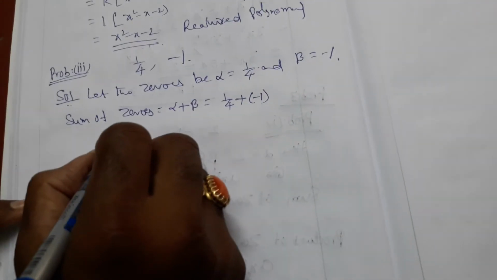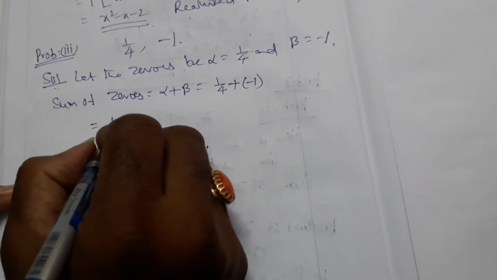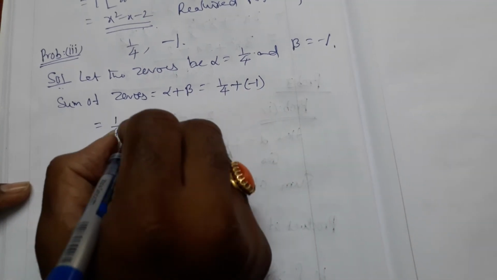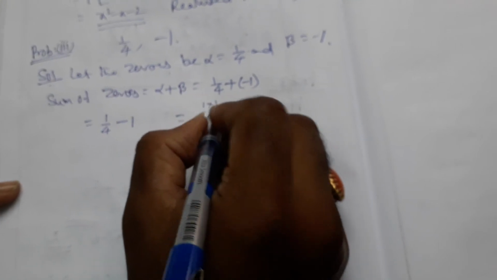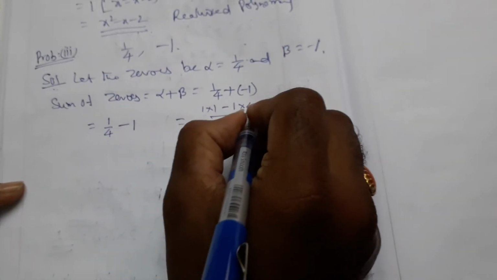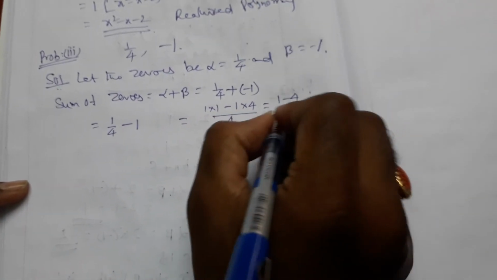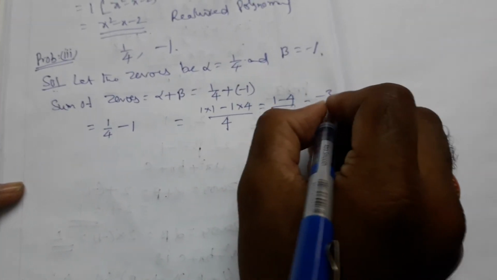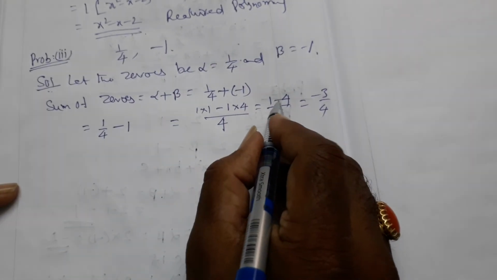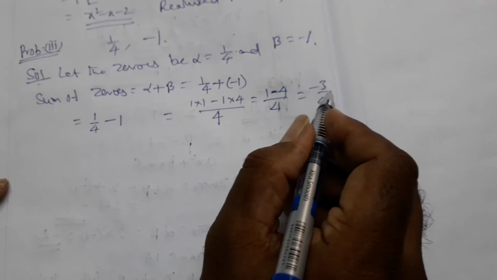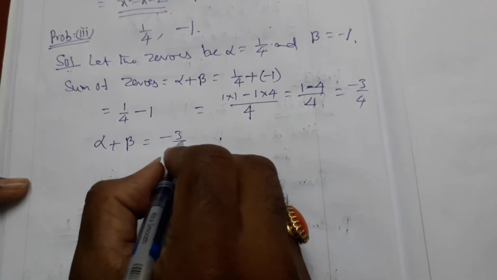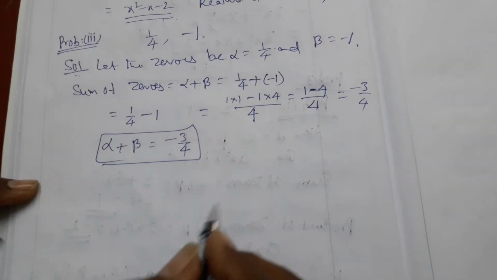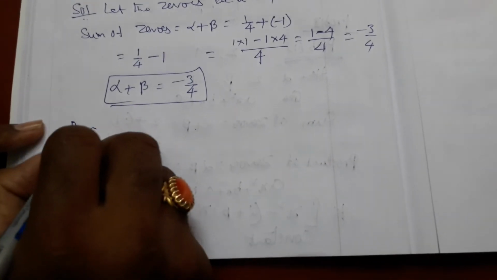The LCM is 4, 1 into 1 minus 1 into 4, that equals 1 minus 4 by 4, that equals minus 3 by 4. 1 minus 4, since 4 is the bigger value, gives minus 3 by 4. Now this is alpha plus beta, the sum of the zeros for this problem. Now the product of the zeros.